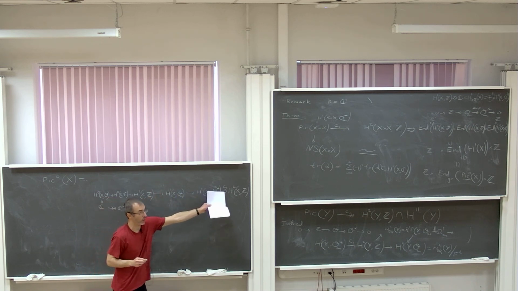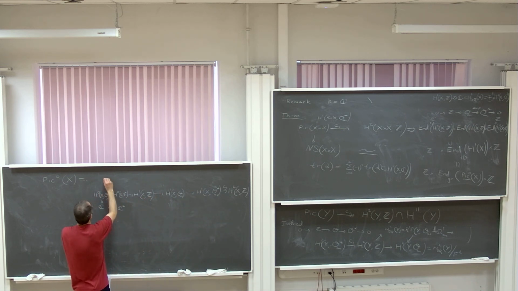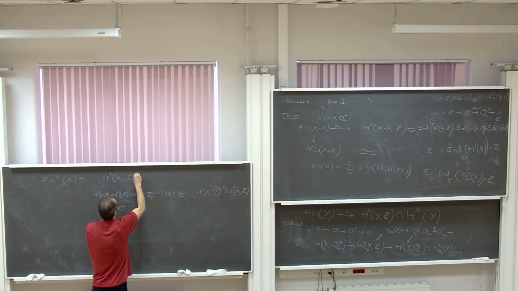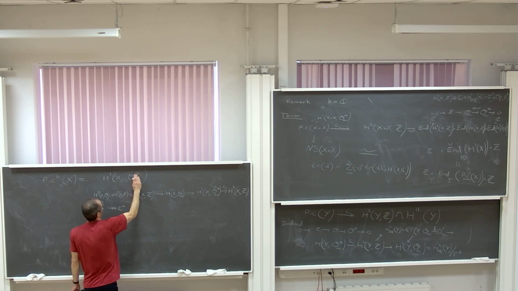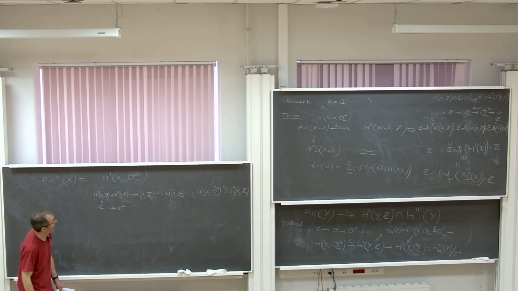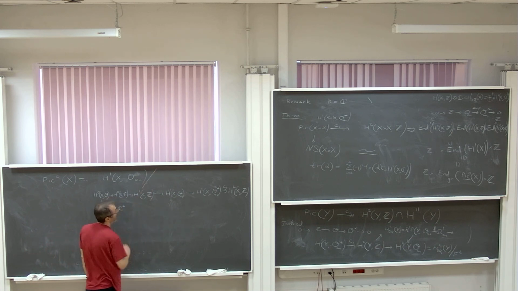That means that the kernel of this map is simply H1 of X with, of this space, modulo a lattice.